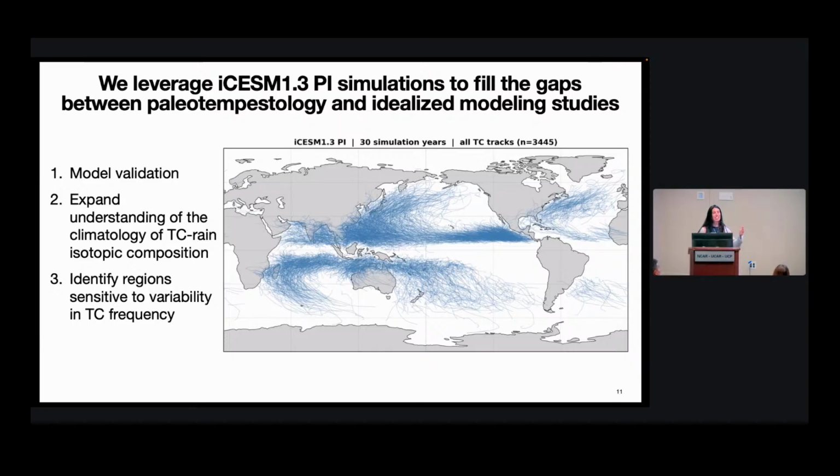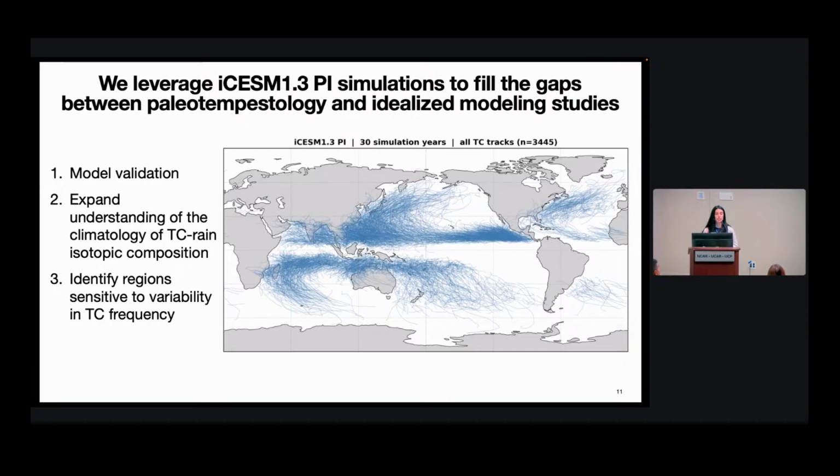I'm going to use this data to walk through three approaches to understanding how robust the isotopic composition of TCs is, or our understanding of that. One is validating iCESM 1.3, two is trying to expand our understanding of that climatology, and three, since this is a paleo session, identifying regions that might be sensitive to variability in TC frequency that perhaps are not targeted right now.